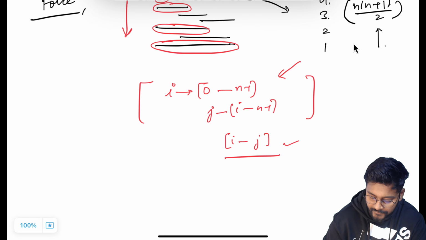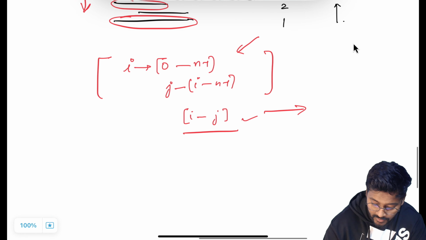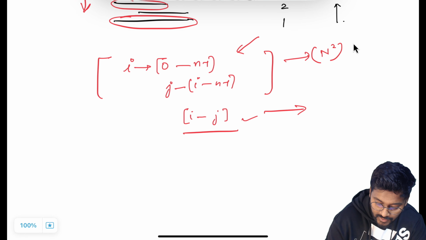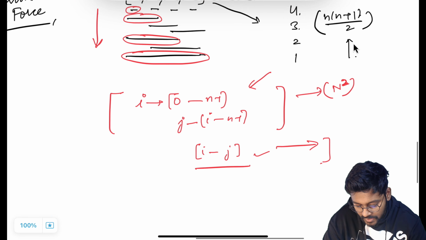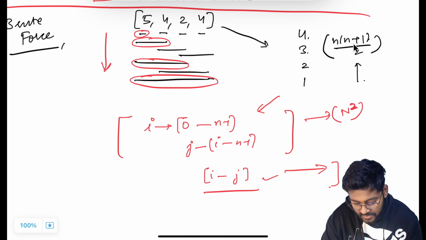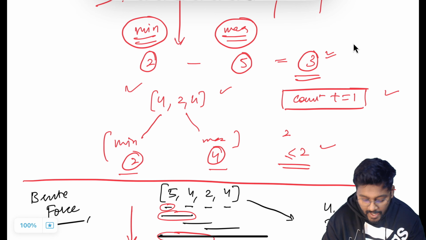Got it? And how can you know whether the subarray is valid or not? This nested structure is going to take n square time. And now this is my processing, which will also take some time. To make the processing efficient, as we discussed in the previous part, I need to know the maximum difference between any pair.